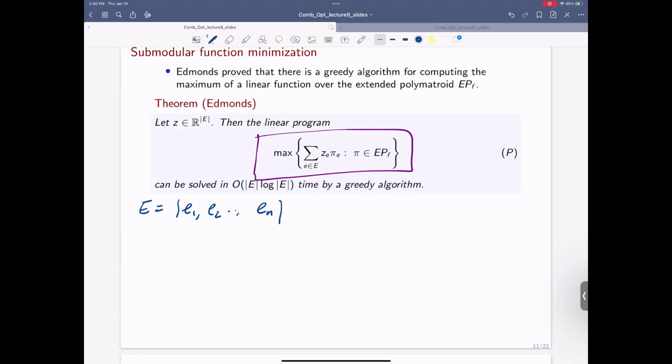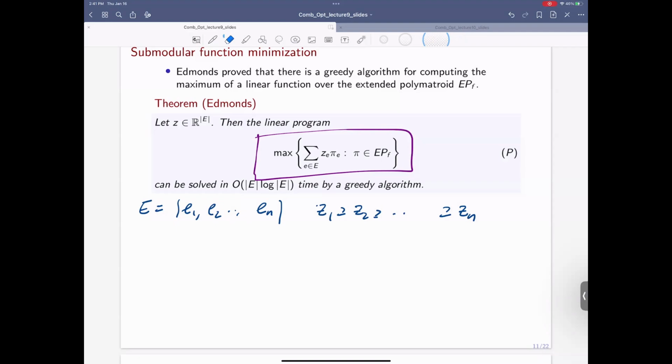And I have this vector z, and I order the components of this vector z so that e1 takes the largest value, and e2 has the next, and so forth. When the components are not ordered this way, you can shuffle the ordering of the elements and prepare this kind of sequence.